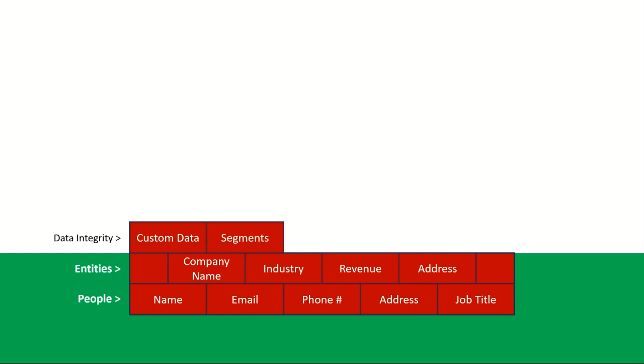And in creating those custom data properties, you can and should be able to easily segment those companies, those people, into individual lists that give you an idea of where they are at in the buying stage so you can market and sell to them appropriately. And likewise, the tool you select should have the option to maintain your data automatically or with a very low amount of manual intervention.